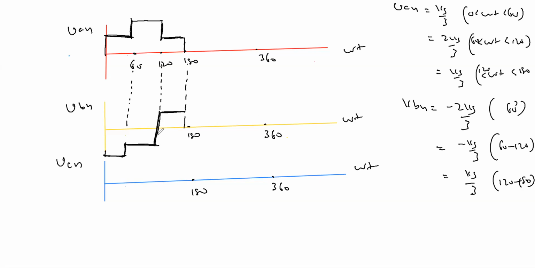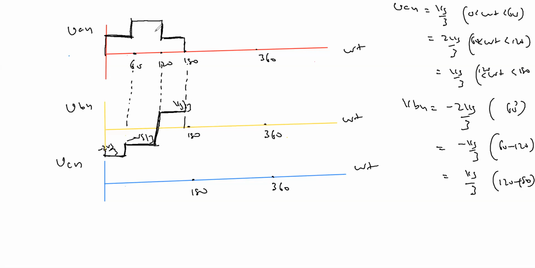This is the one. Do you agree with me? Minus 2Vs by 3, Vs by 3 minus, and this is Vs by 3 plus. Do you agree with me, guys? Is that clear? Yes, sir.